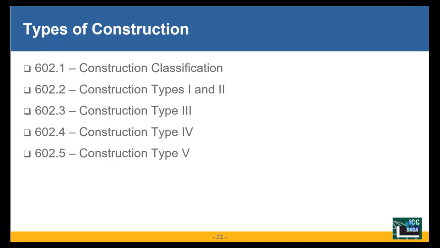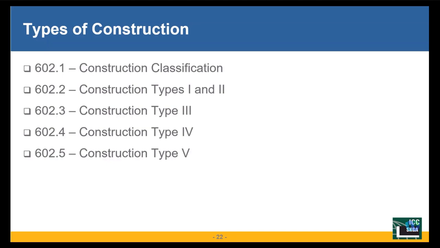And again, this goes back to the same concept I talked about earlier. We can all go out and build every building in the country of type 1 and call it a day. There's no risk, no fire. But is that affordable? Type 1 is the highest type of construction that contains non-combustible elements, and has a lot of restrictions in terms of the type of construction.